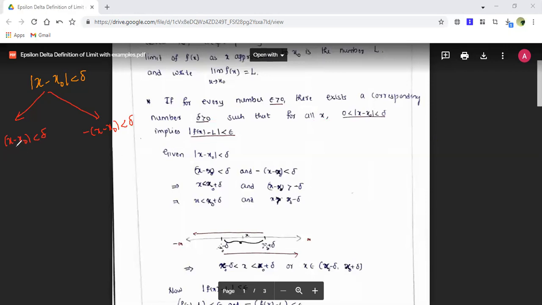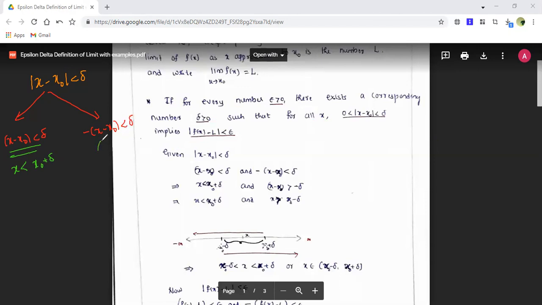Now this implies x is less than x naught plus delta. Since the minus sign is there, I will take it to the other side. Whenever you multiply with a minus sign, the inequality reverses.